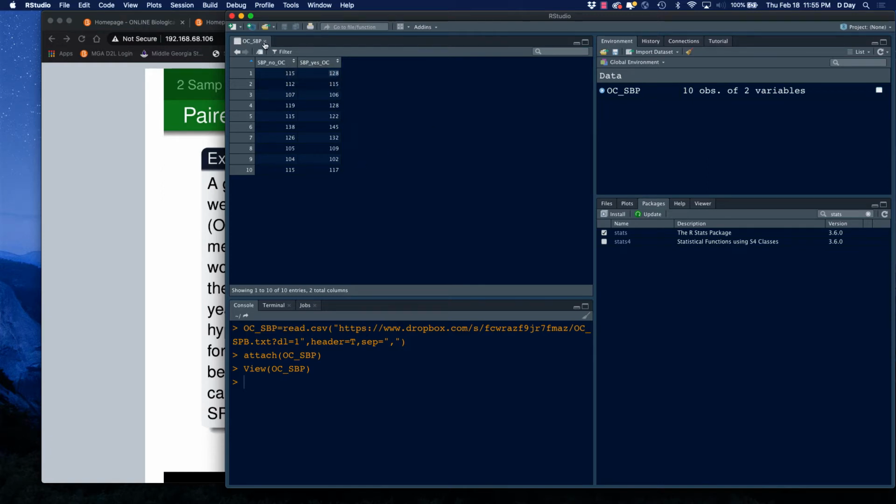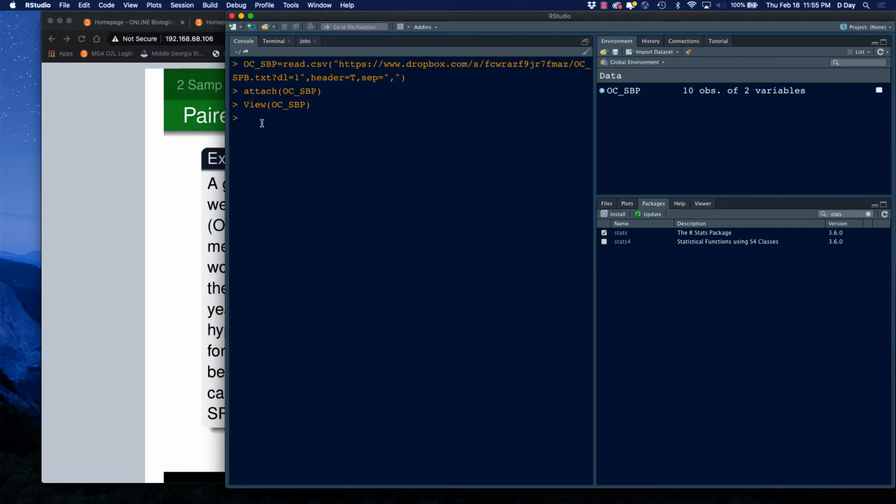And so what we want to do is, let's take a look at those differences. Just look at the numbers. So if I take my SBP, the yes group, and the order here doesn't matter for the normality test. You could do the no group minus the yes group and you'd get similar results.